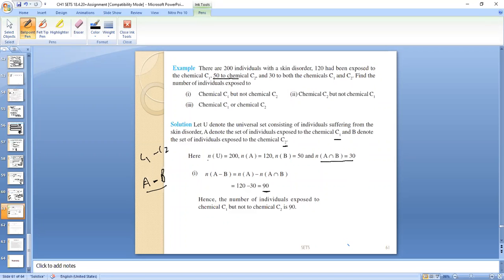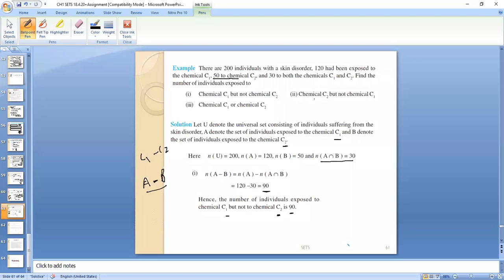So we have to write it symbolically that we are finding elements in set A minus B. From all the elements of A, we subtract the elements common to A and B. That means 120 minus 30 is equal to 90. Hence the number of individuals exposed to chemical C1 but not to C2 is 90.